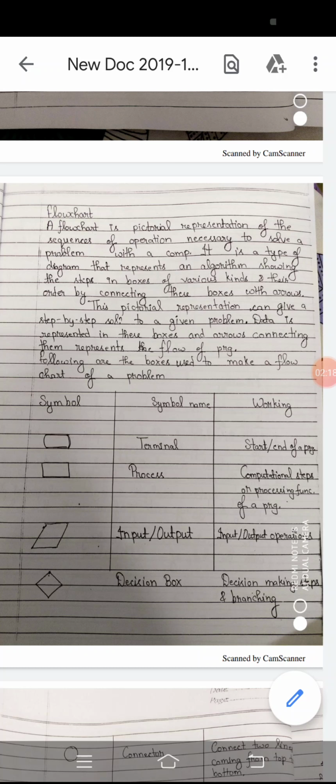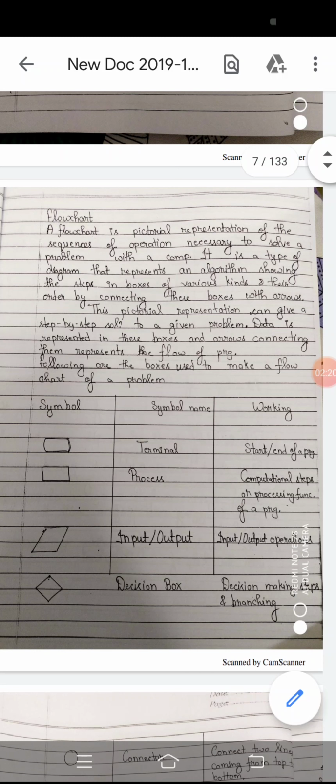So for that purpose we use a flowchart. The pictorial representation can also give a better understanding of the step-by-step solution of a particular problem.